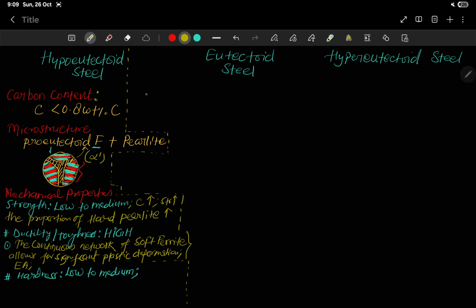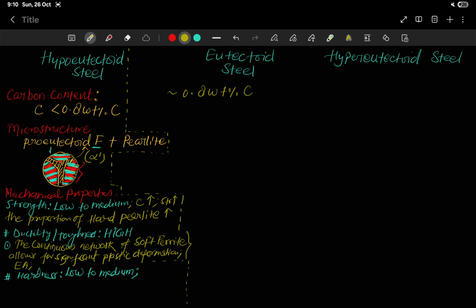In eutectoid steel, the carbon content is around 0.8 weight percent of carbon in the iron matrix.